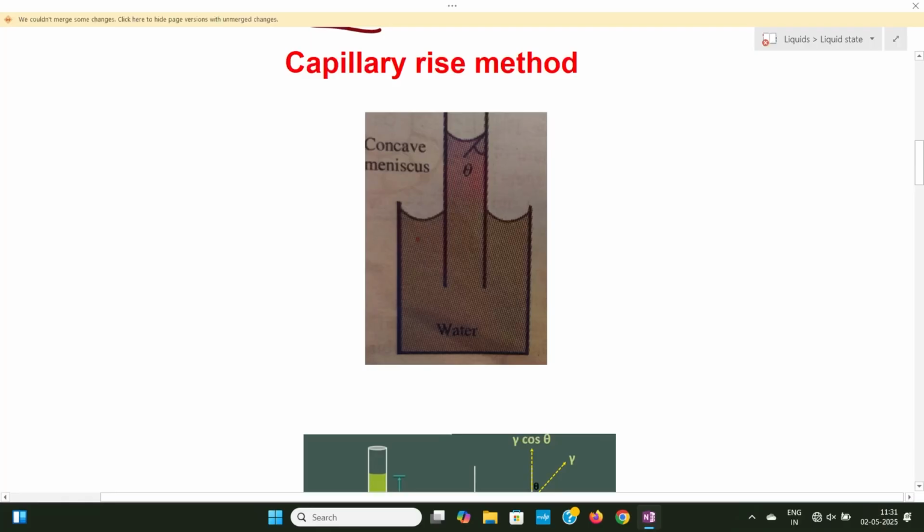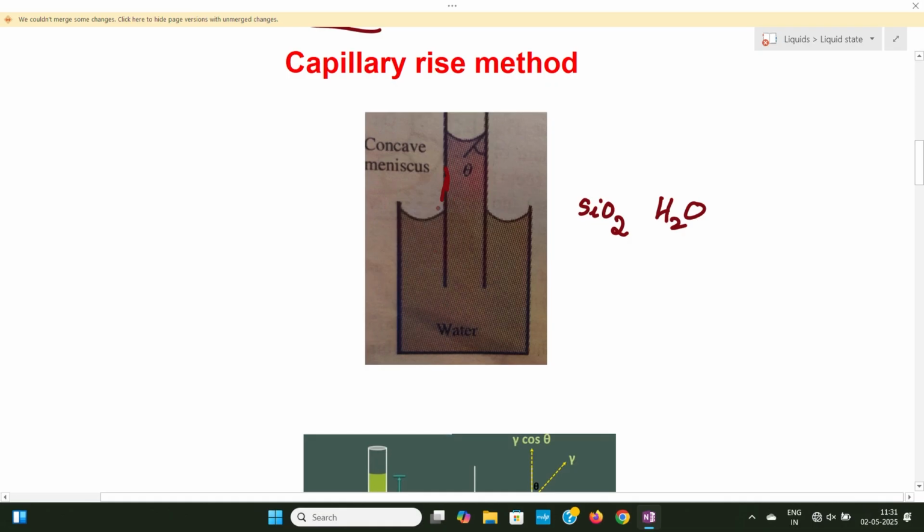As we see here, after some time, we can see the capillary rise if this liquid is water. The reason for this capillary rise is that the glass is made up of silicon dioxide and water molecules are nothing but H2O molecules.